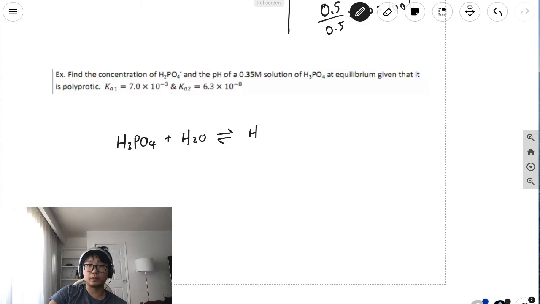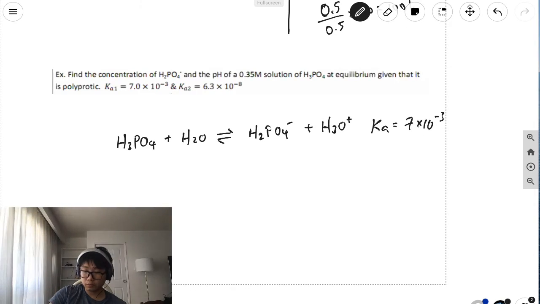It's the H3PO4, right? They say find the concentration of H2PO4. So you start with H3PO4, and you get H2PO4 minus plus H3O plus.